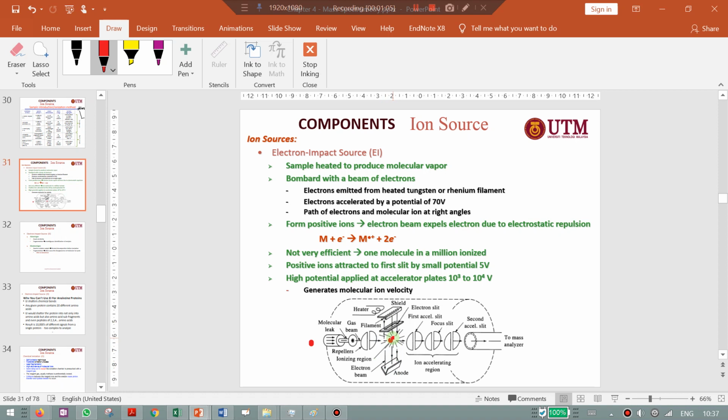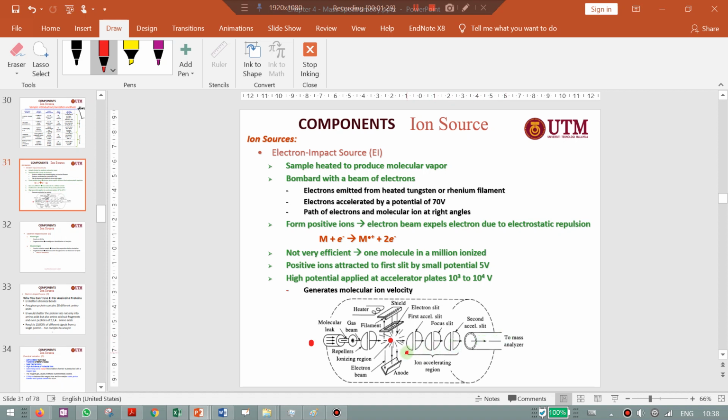So your molecule will have a cationic charge, or will convert into fragment ions. And we have multiple slits over here as the ion accelerator region. We attract your molecular ion, cationic charge ions, here into the mass analyzer.